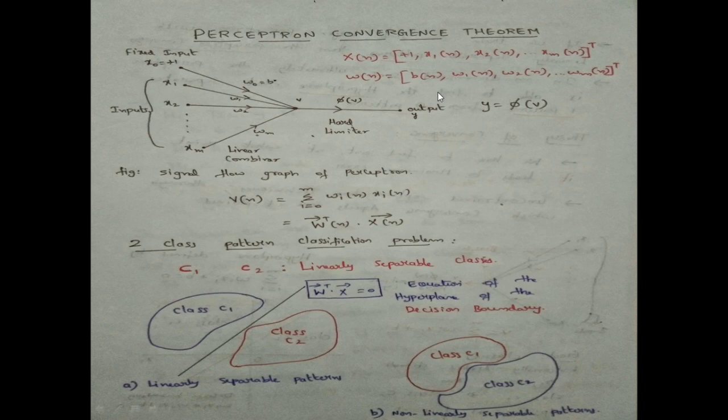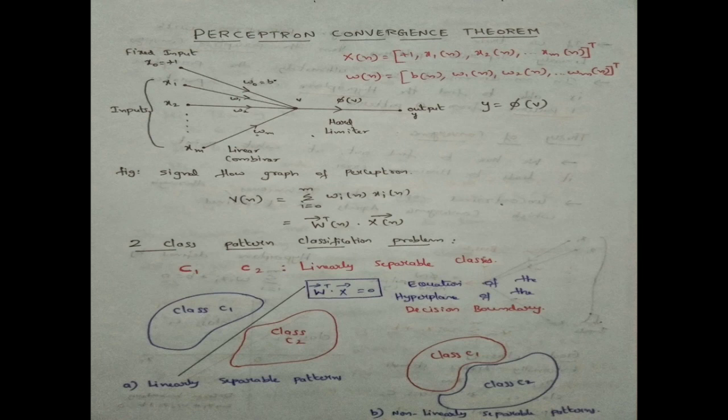Now, after completing the representation of the signal flow graph of the simple perceptron, let us go to the two class pattern classification problem. Here we have two classes. The first one is class C1 and the second one is class C2, where these two classes are linearly separable classes. We already discussed what linearly separable classes are.